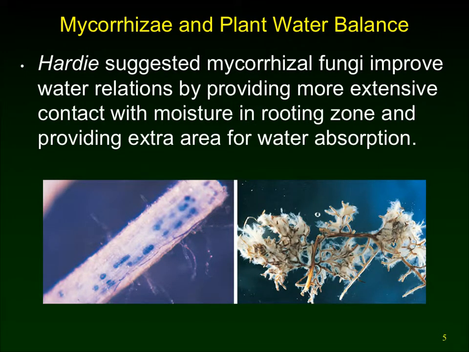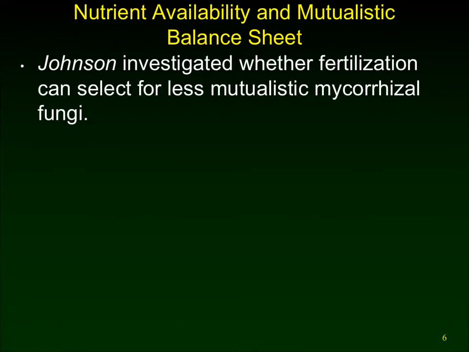Hardy suggested that mycorrhizal fungi improve water relationships by providing more extensive contact with the moisture in the root zone and allow for extra area for water reabsorption. So here you can see the roots, and then all these little fuzzy things would be the mycorrhizae. Johnson investigated whether fertilization can select for less mutualistic mycorrhizal fungi.